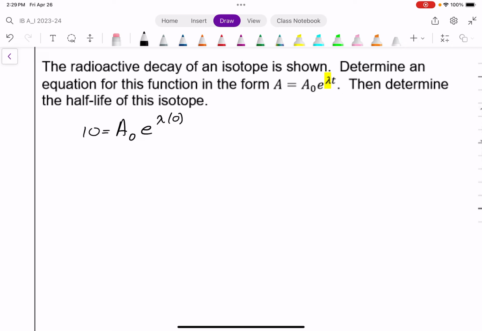Which means all of this right here is 1, because anything to the power of 0 is 1, which means A naught must be 10, which makes sense because that's kind of what A naught means. And so quite often we can skip all that and just get straight to this. I know, and a little more generally, the amount at any given time is going to be 10 times e to lambda t. Okay, still don't know what lambda is, still don't know what the rate of decay is, but we can really just jump to this.